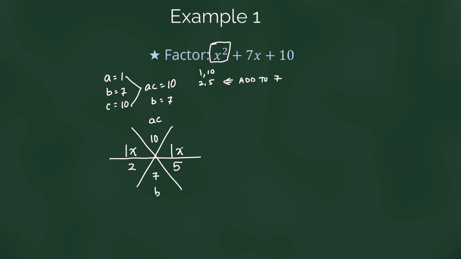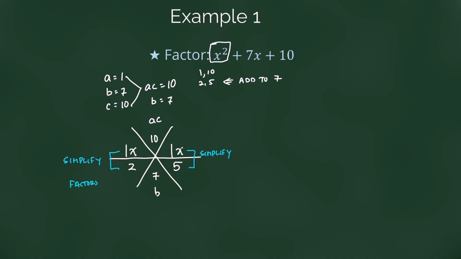The reason why is if we look at the two sides, we can see we've formed what look like fractions. They're not really fractions, but they kind of look like it. And so what we're going to do is simplify those if we can. Now in this case, we can't. 1 and 2 have nothing in common other than 1, and 1 and 5 have nothing in common. But if we could simplify them, we would. And what happens then is that these become our factors.